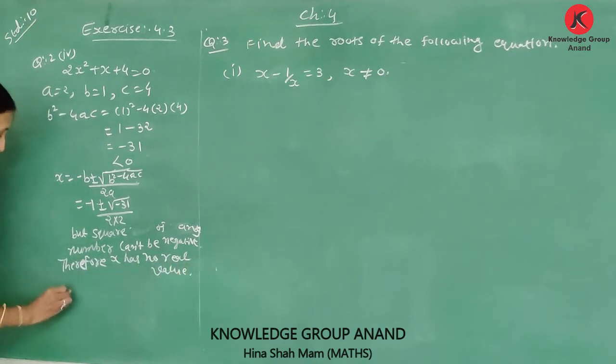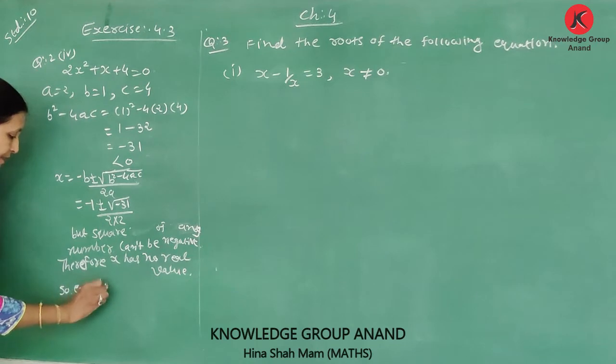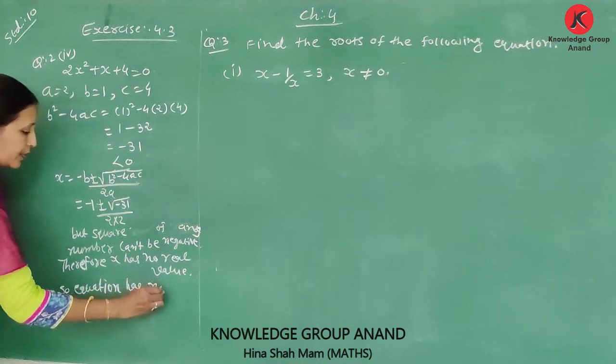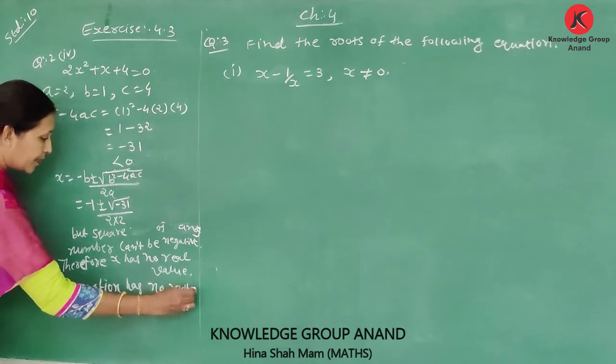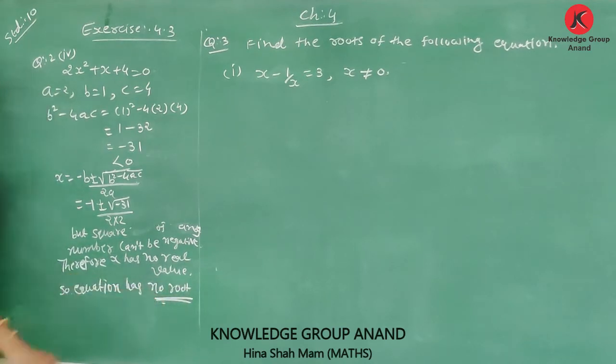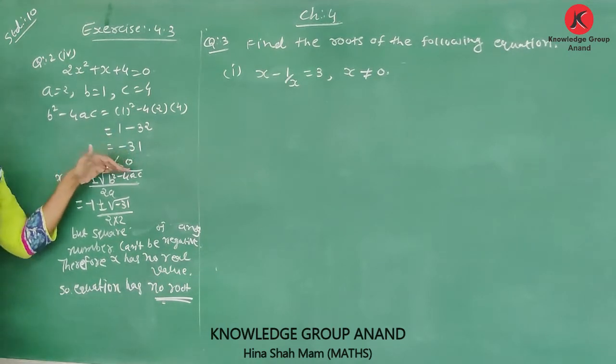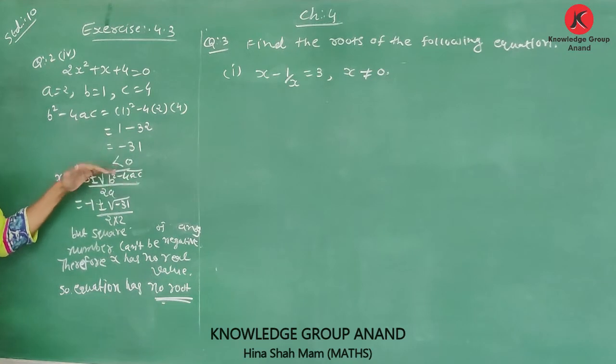So, the equation has no roots. Equation has no root. Here you say that it is less than 0, therefore the equation has no roots.